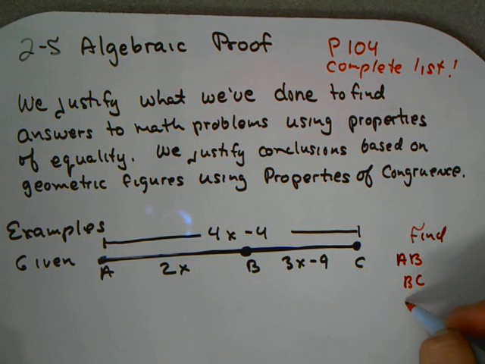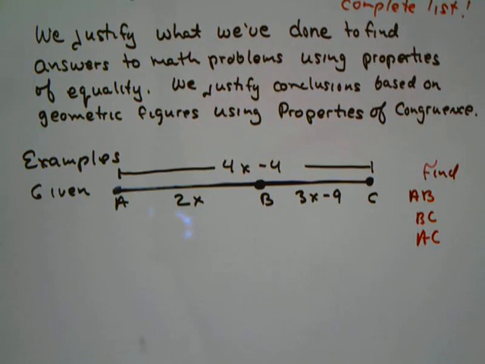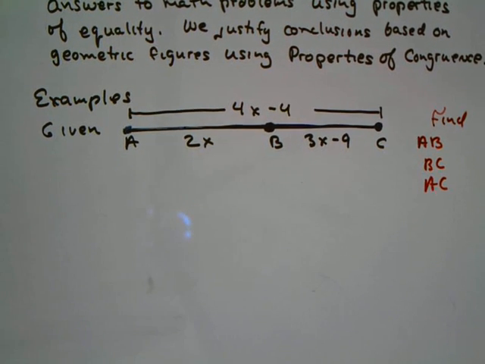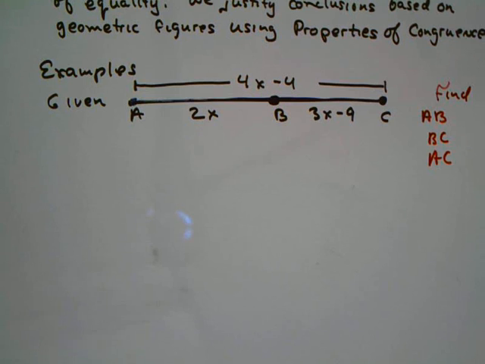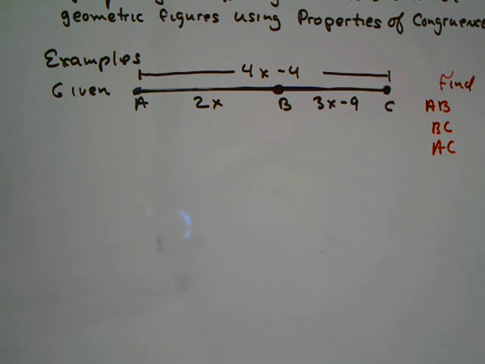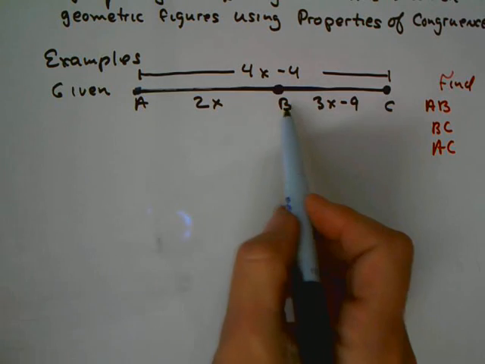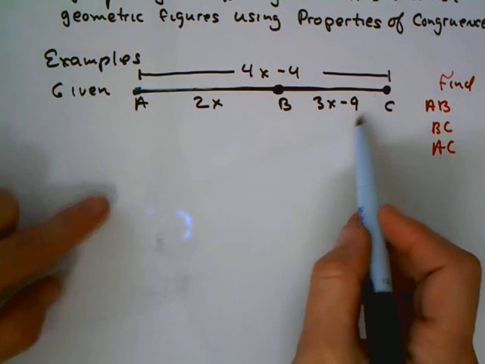Well, we use our algebraic properties. We start by looking at what we're given. We always start with what we're given. And we ask, what is the relationship between this segment, this segment, and this segment? Well, these are clearly not equal.